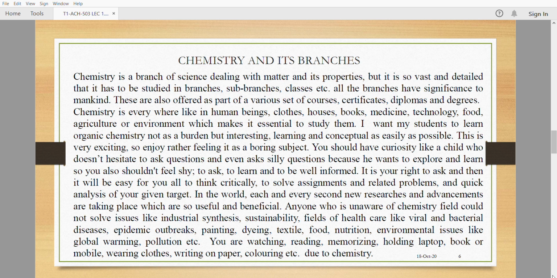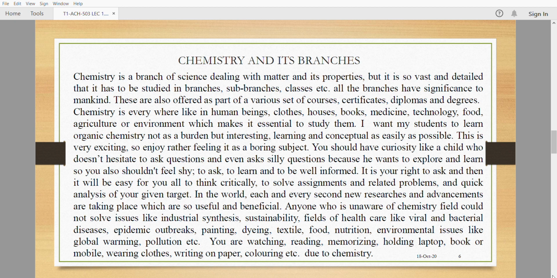So I have discussed here some branches of chemistry. I am winding up, and in the next lecture I will discuss this. It is just a revision of your previous knowledge.